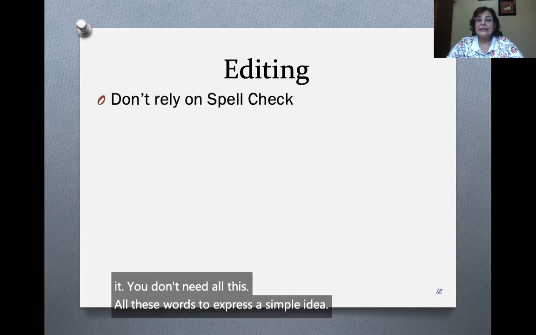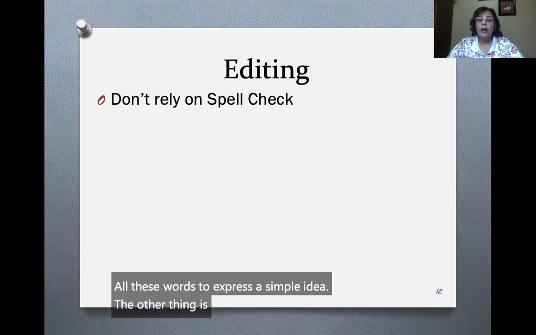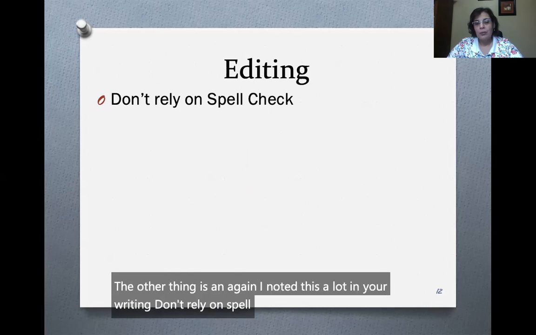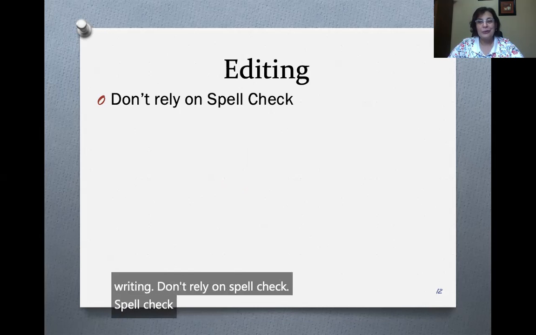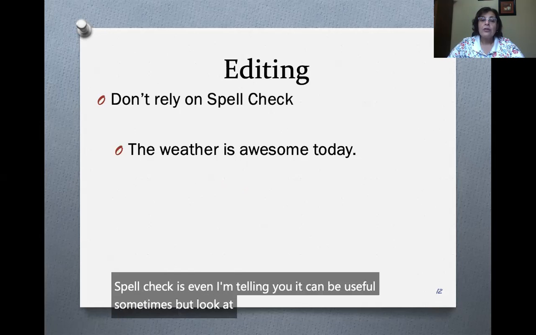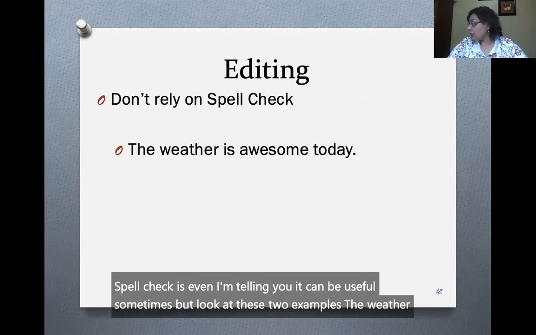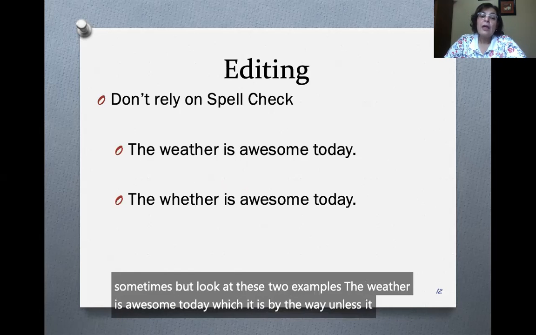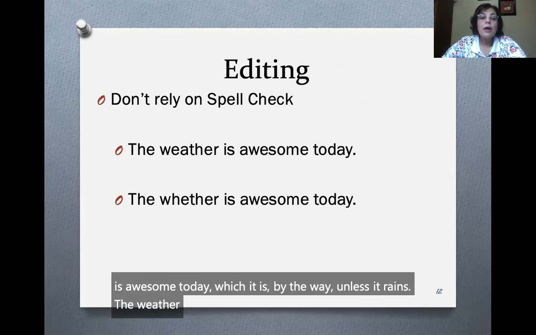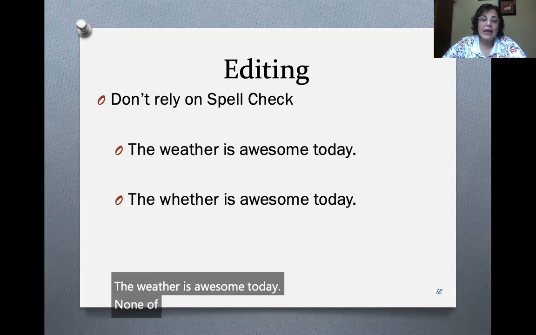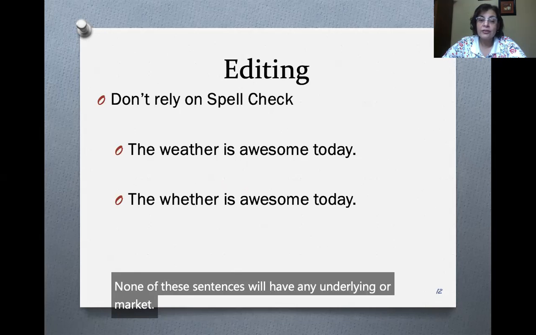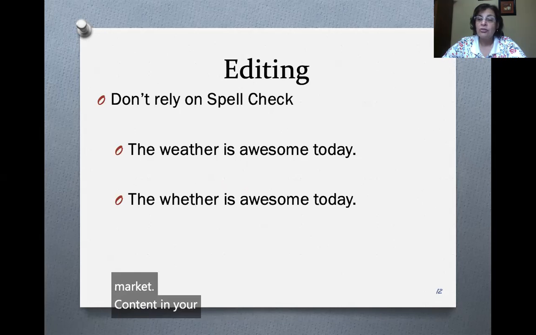The other thing is, and again, I noted this a lot in your writing, don't rely on spell check. Spell check is evil, I'm telling you. It can be useful sometimes, but look at these two examples. "The weather is awesome today," which it is, by the way, unless it rains. "The whether is awesome today." None of these sentences will have any underlined or marked content in your essay from spell check in Word.